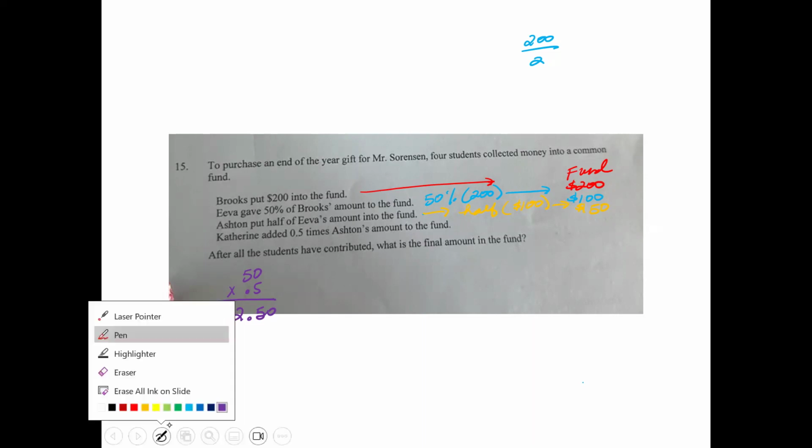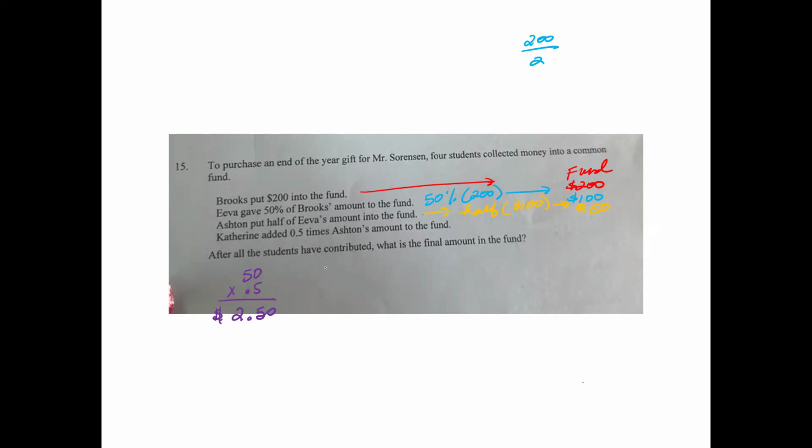Do you see how mom was able to do this really quickly in her head? Okay, let me show you why. 10% of $50 is $5. No, it's not $25, $2.50. Multiply that. 50 times 0.5?